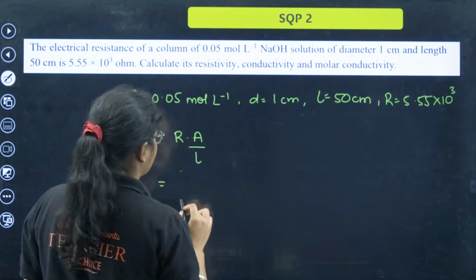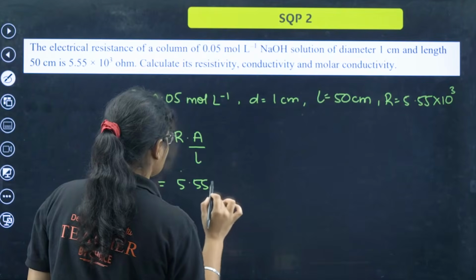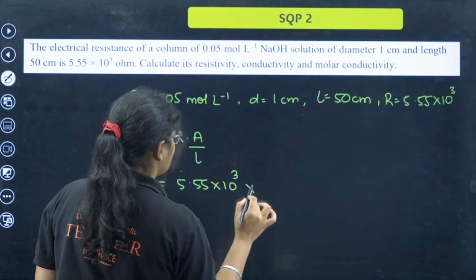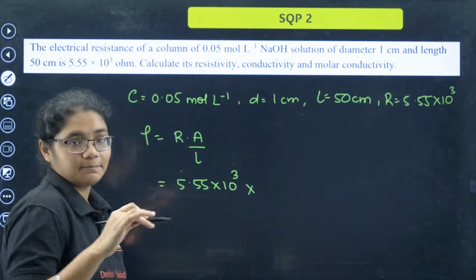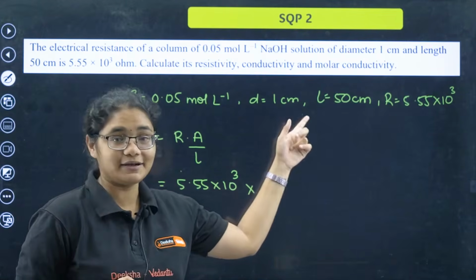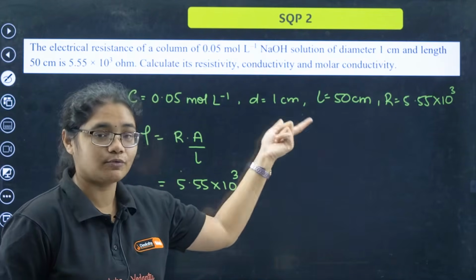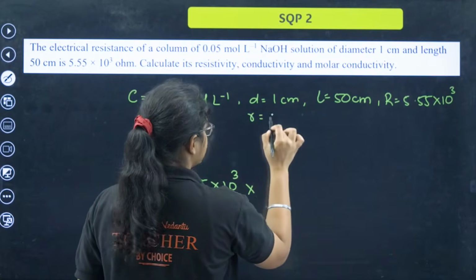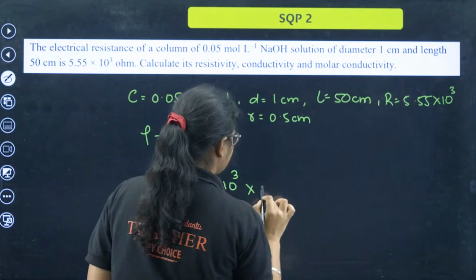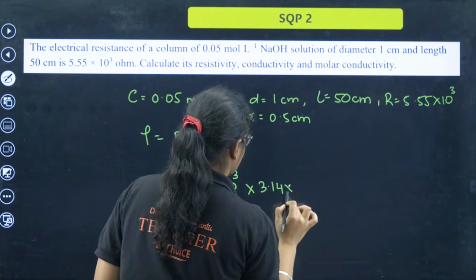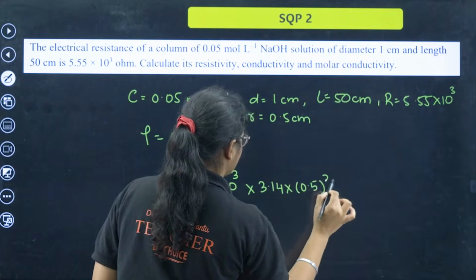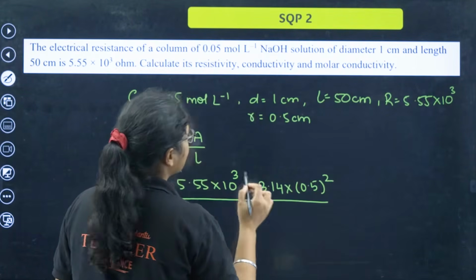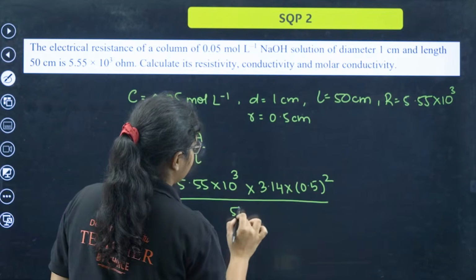R is equal to 5.55 into 10 to the power of 3. What is the area here? Area will be pi r squared, right? The diameter is given as 1 centimeter, so the radius is 0.5 centimeter, and you have pi r squared, 0.5 squared. Then R A by L. What is the value of L here? 50 centimeter.